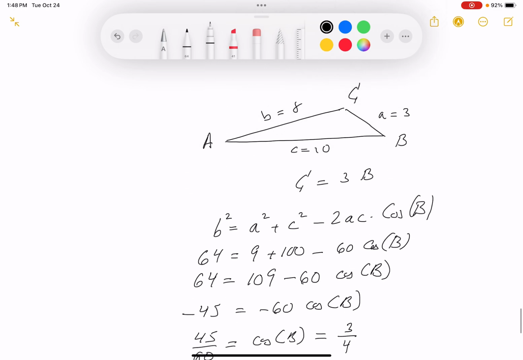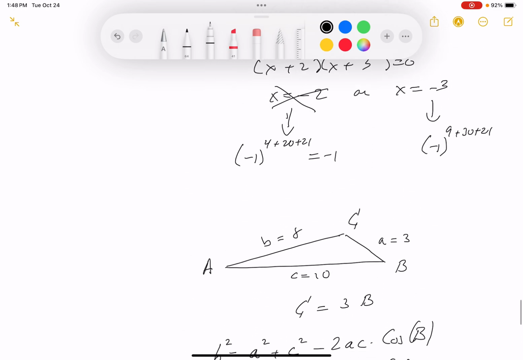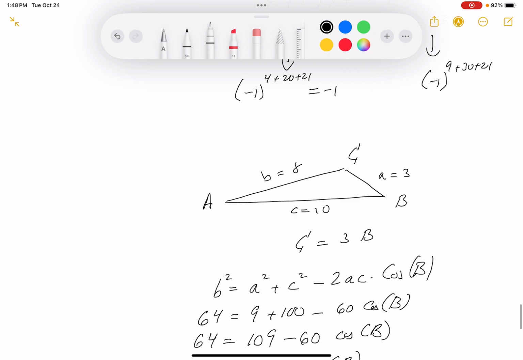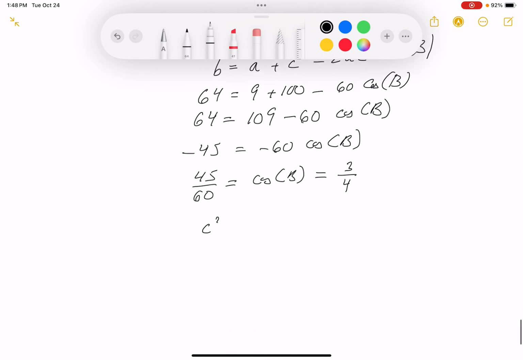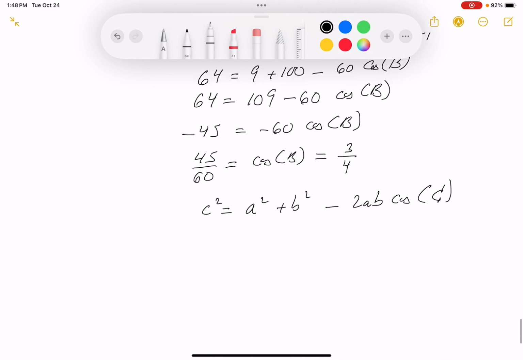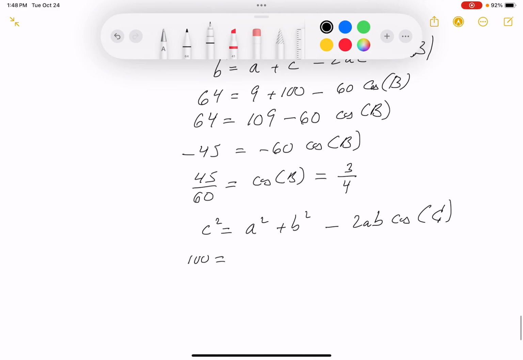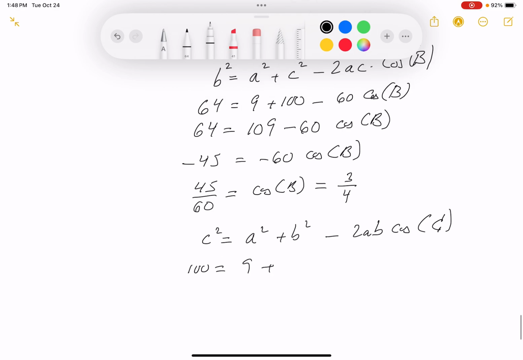Let me do the other guy too, because it says something about B, and I'm looking at B and C, right? Yeah, let's put C down now. So it's going to be C squared equals A squared plus B squared minus 2AB cosine of C. Well, C is, again, 10. That's 100. Again, A was 3, so that's 9.